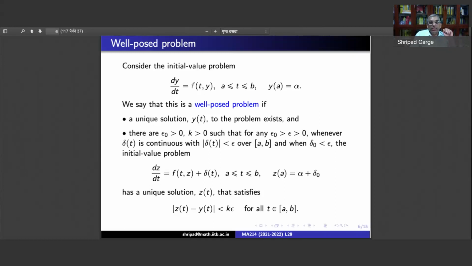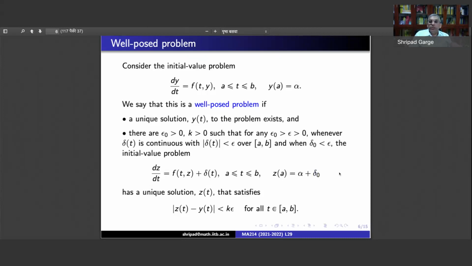You can change the differential equation itself, so you will have dy by dt equal to f of t, y plus something, and that something should not be very large. So we are looking for this function delta of t to be a function whose modulus is less than some fixed epsilon, so it's not very large. And secondly, we are also changing the initial value, again by a number which is very small.